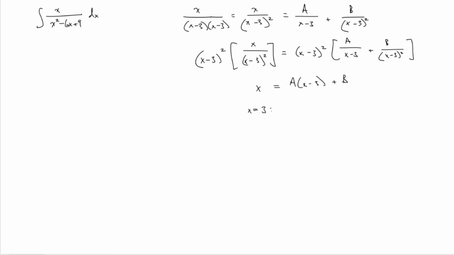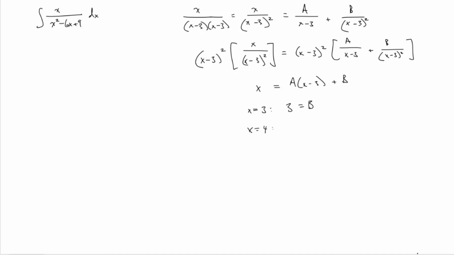And as is so often the case, the easiest way is to start by choosing a particular value of x, and in this case, the particular value x equals 3 is attractive, because plugging in x equals 3 immediately gives us 3 is equal to B. To find A, we can now use any value of x that makes the arithmetic easy. x equals 0 is probably a good choice. x equals 1 is probably a good choice.